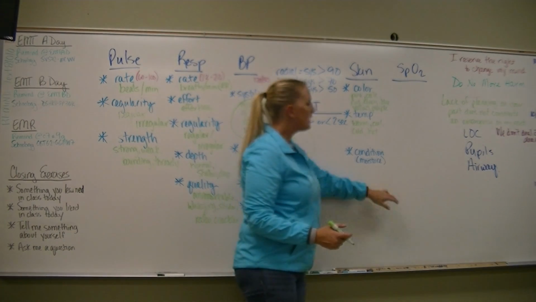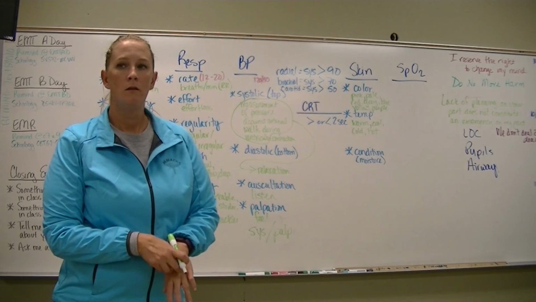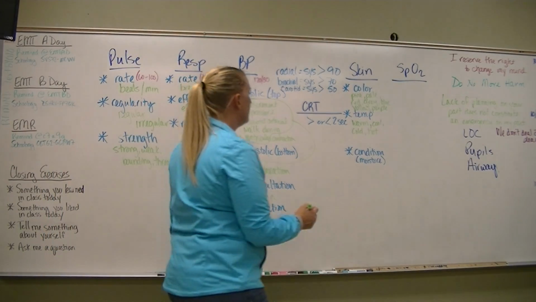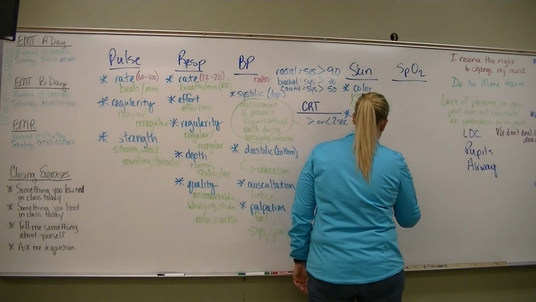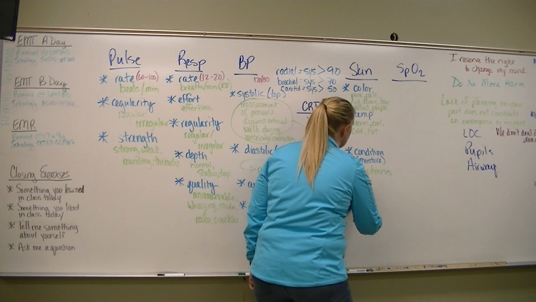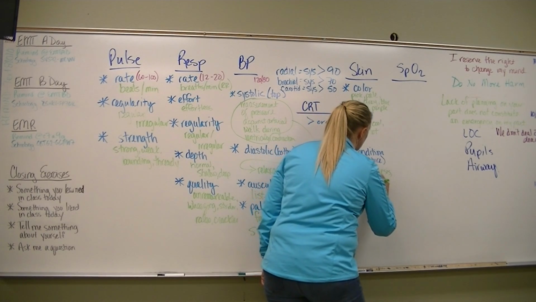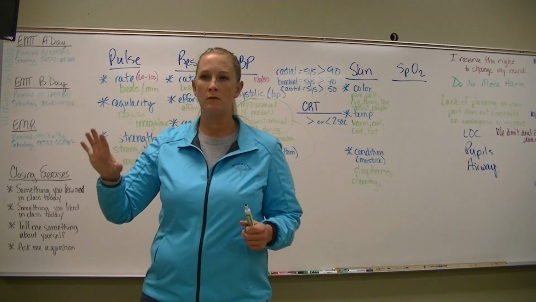And what are we going to do when we talk about condition? What are some of the things that we're going to report there? You're diaphoretic. Diaphoretic. So sweaty. So we're going to report diaphoresis. We also might say that a person is clammy. What do you think my skin condition is right now?